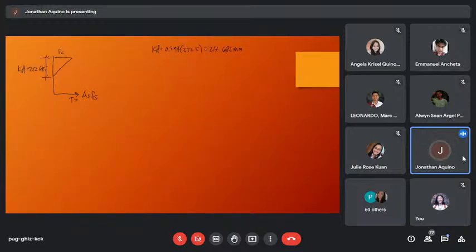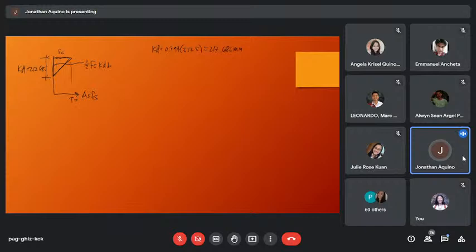Then the compression is equal to 1/2 FC. So the area of this triangle is 1/2 times FC times KD times B. Okay?